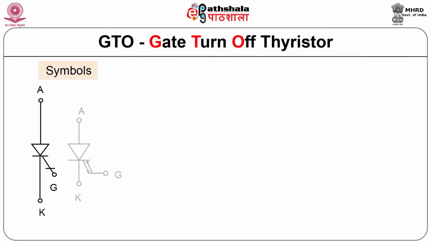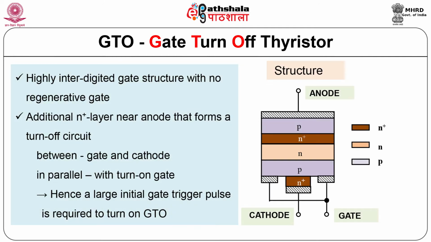The symbol of the gate turn-off thyristor is shown in the figure. Gate turn-off thyristors have a highly interdigitated gate structure with no regenerative gate. An additional N plus layer near the anode forms the turn-off circuit between the gate and cathode in parallel with the turn-on gate.